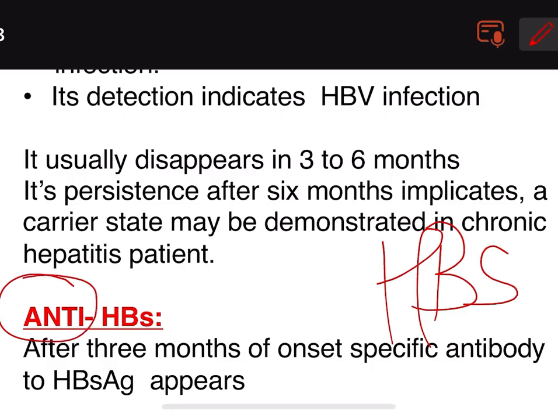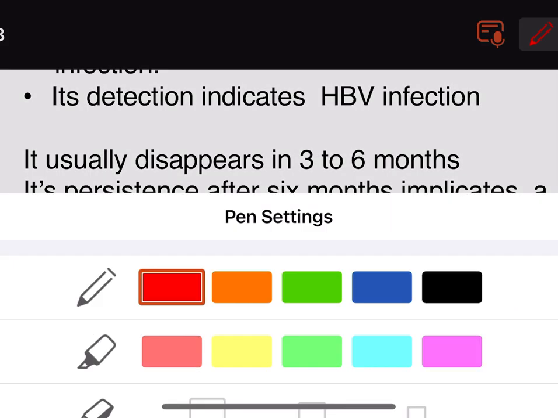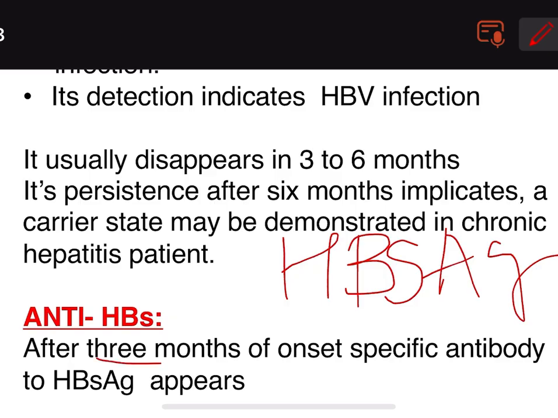Antibody to HBs is anti-HBs. It will appear 3 months after the onset of the HBsAg. Once the antigen has come in, after 3 months of onset, the specific antibody will develop.